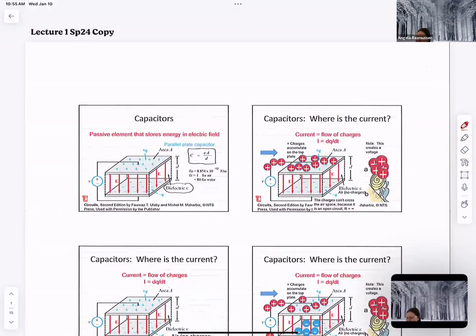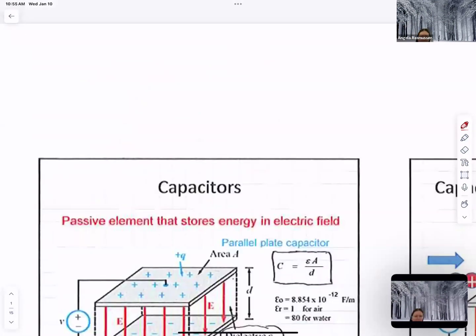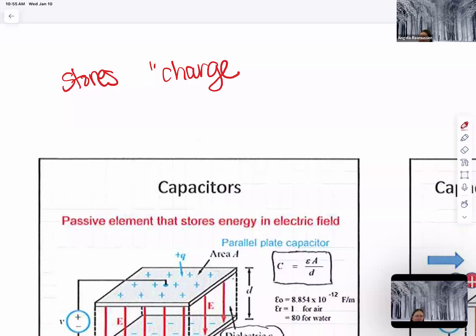Capacitor. Okay, so capacitor, very generic statement. What does a capacitor store? Okay, stores charge. Great. And so we think of it like a battery.